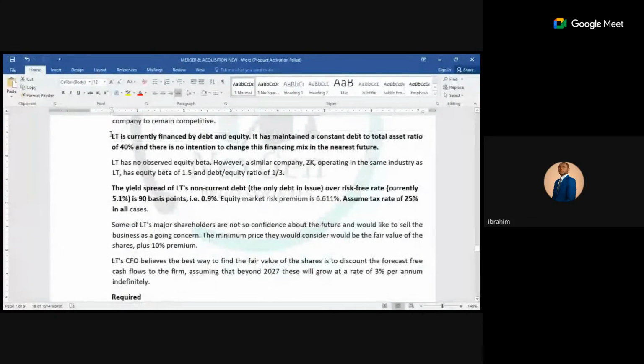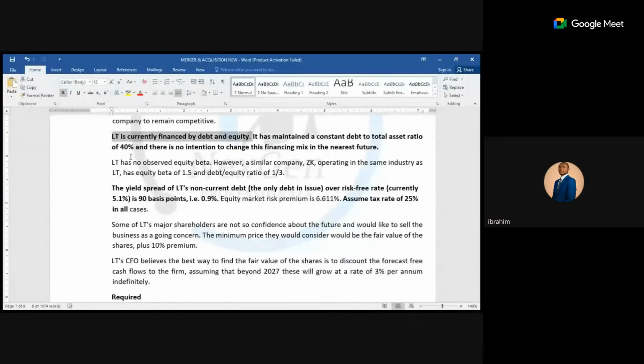LT is currently financed by debt and equity. LT is the target company, right? It has maintained a constant debt to assets ratio of 40%. And if you say debt to asset, it means debt to equity.